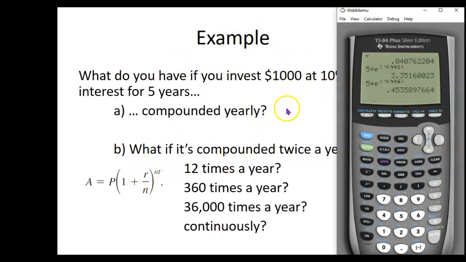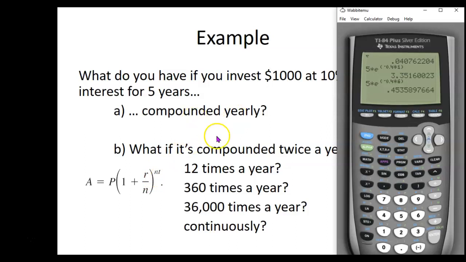The R stands for the interest rate, but you have to put it in as a percent. So a 10% interest rate would go in as 0.10 for R in the formula. The N is the number of times per year the interest is compounded, and the T is the time, the number of years.